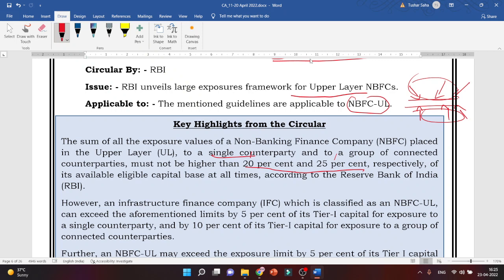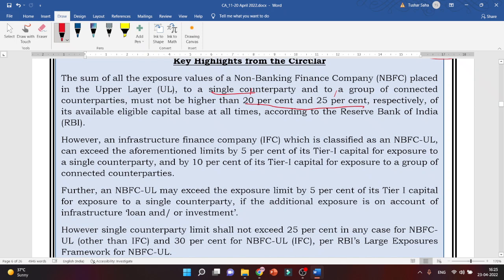Now, but what RBI has again said is, however, an infrastructure finance company which is classified as an NBFC UL can exceed the aforesaid limits by 5% of its Tier 1 capital. Now, let me tell you the reason for giving an extra edge to the infrastructure finance company. It's because they finance very big projects, in 1,000 crores.